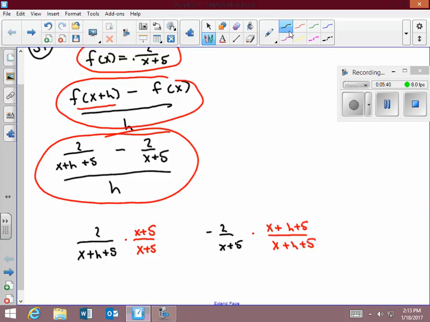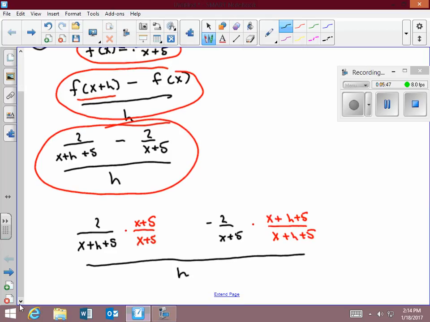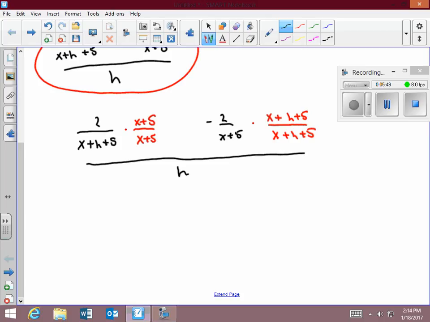And now that whole thing is over h, correct? Now in that numerator, I can just write x plus h plus 5 times x plus 5 as the common denominator. Correct? And then multiply this 2 times x plus 5 to get 2x plus 10.